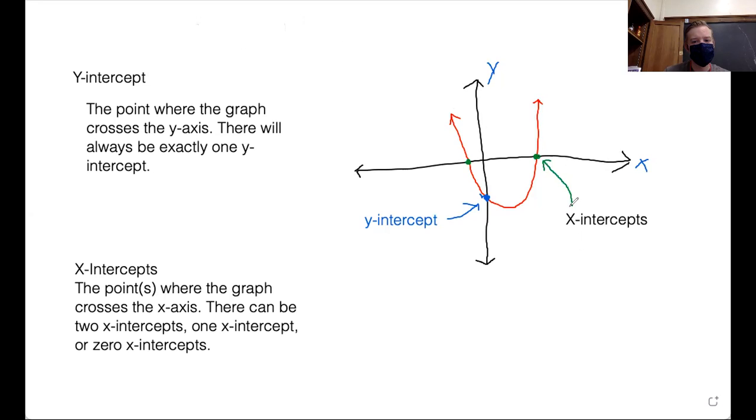So that's an x-intercept. And then this is also an x-intercept right there.